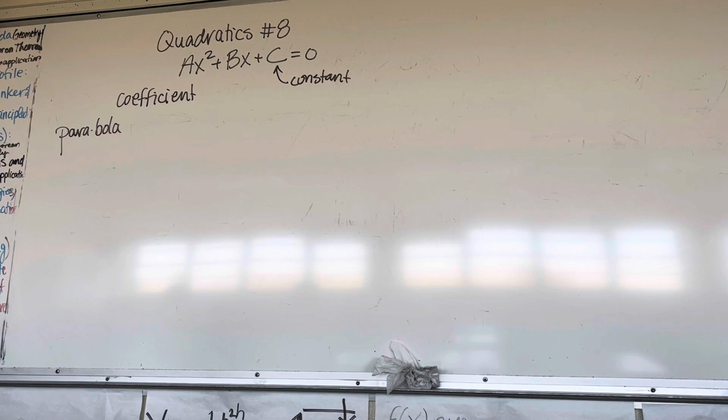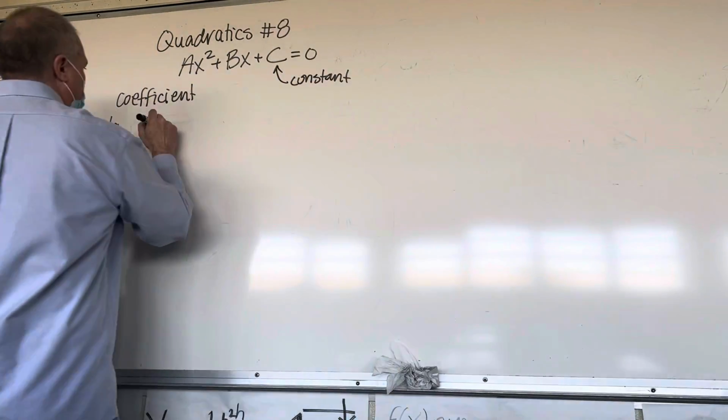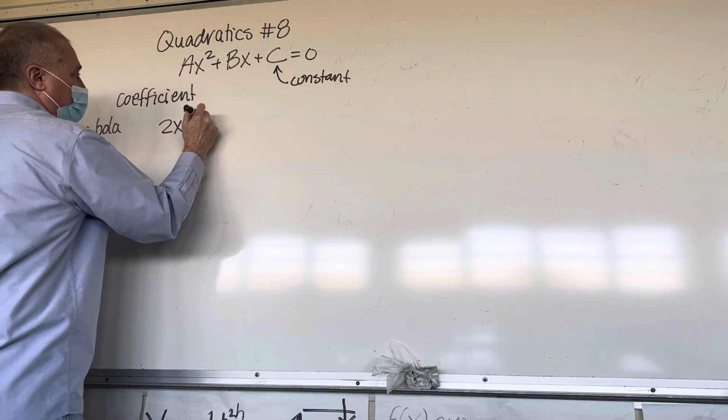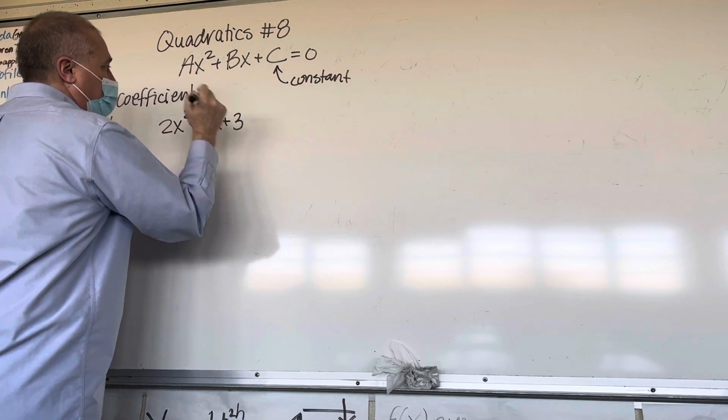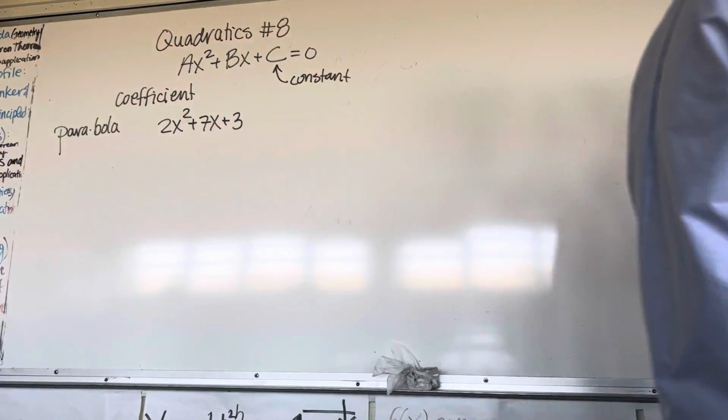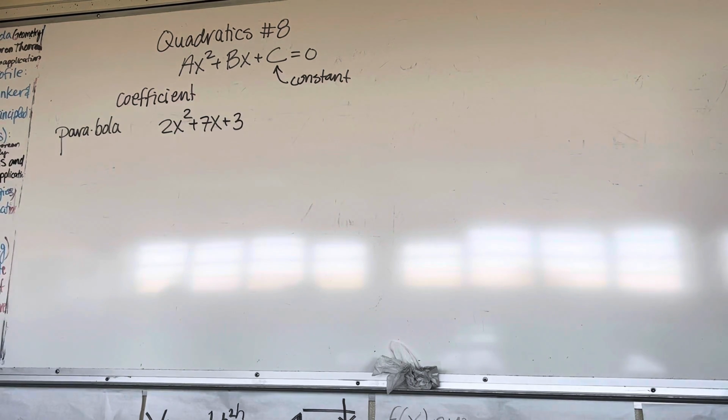All right, let's look at the first one here. I can enlarge it. 2x squared plus 7x plus 3. Let's do that one. Oh, I wish I could write them all down together.